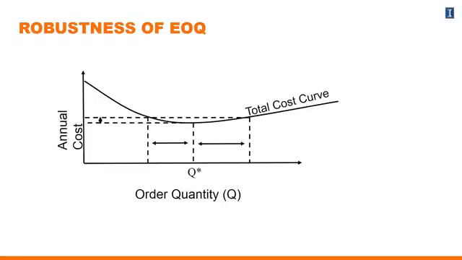So it's robust to any misestimations that might result in getting an incorrect Q star. If you were to misestimate the holding cost or the setup cost, which results in a misestimation of the optimal order quantity, you would have to misestimate it by quite a bit for the annual cost to be substantially higher than what would have been based on the optimal order quantity.